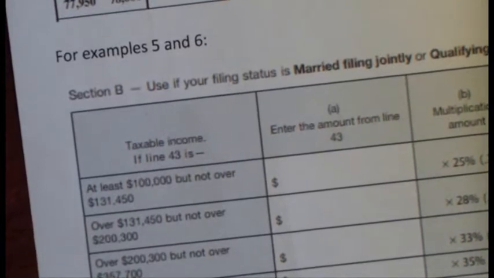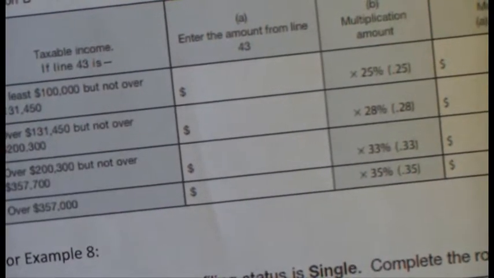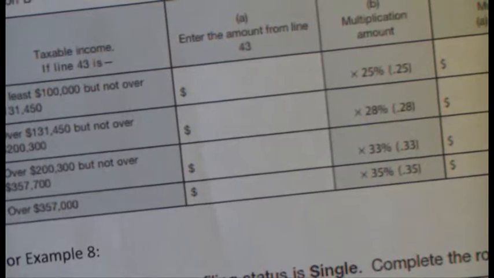Basically, we can do the math on here if we wanted to, and it probably would be easier. So let's just do our work on this sheet. Maria and Don's taxable income was $153,900.